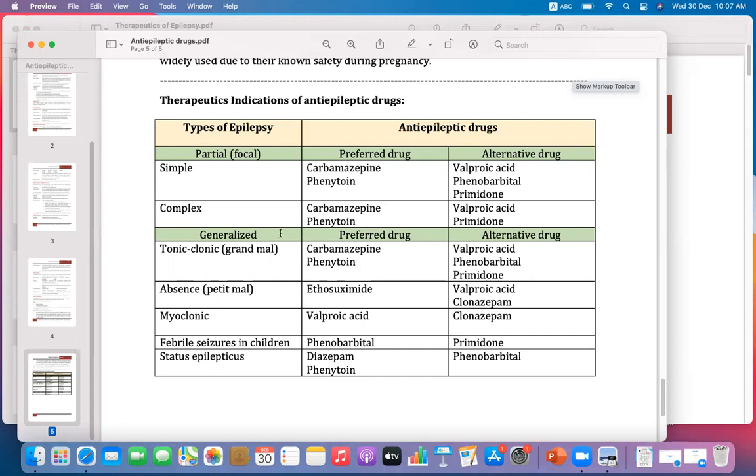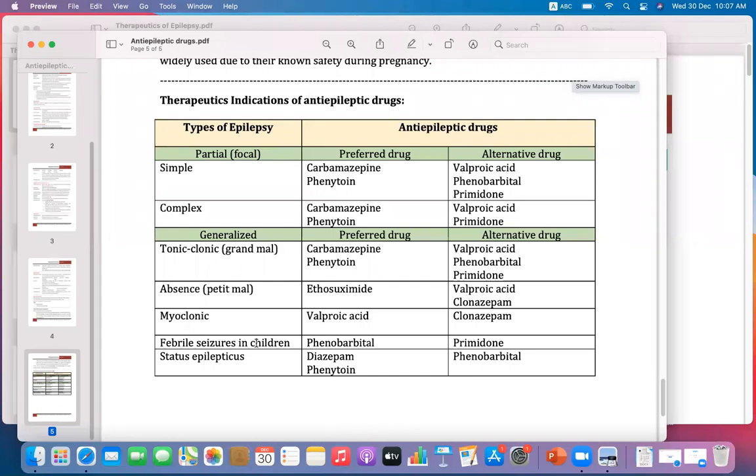And in terms of the generalized one, tonic clonic, or we can say grand mal epilepsy, the preferred drugs are carbamazepine and phenytoin. Absence epilepsy, the preferred drug is ethosuximide. Myoclonic epilepsy, the preferred drug is valproic acid.